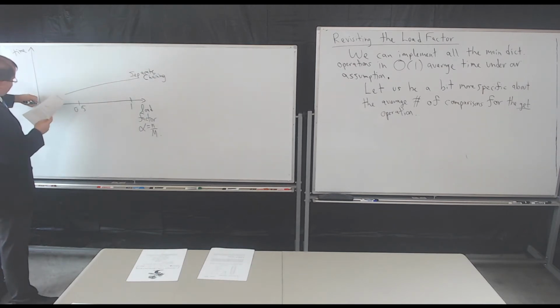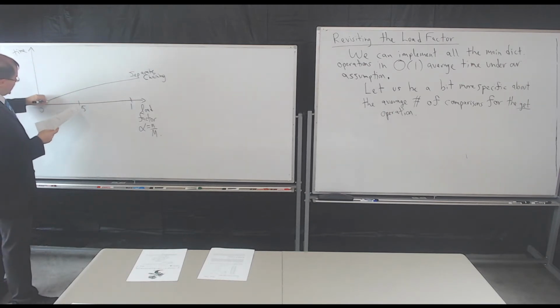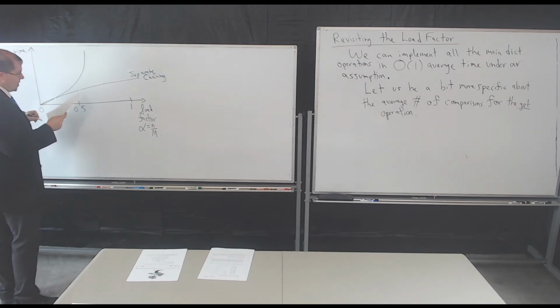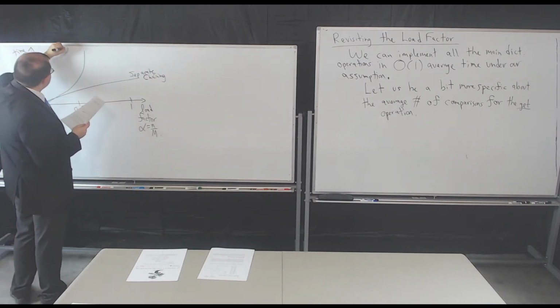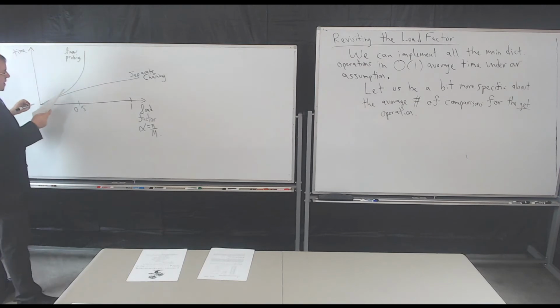Then, around right about here, you're going to find that it's going to have this for linear probing. And double hashing is going to be somewhere about the middle.